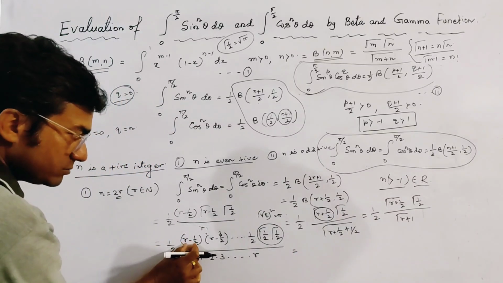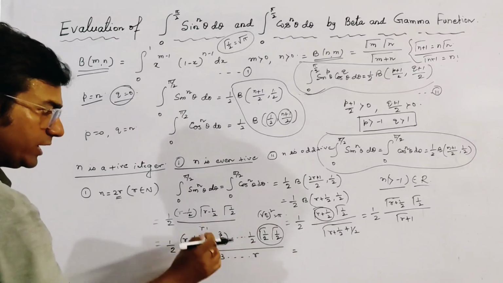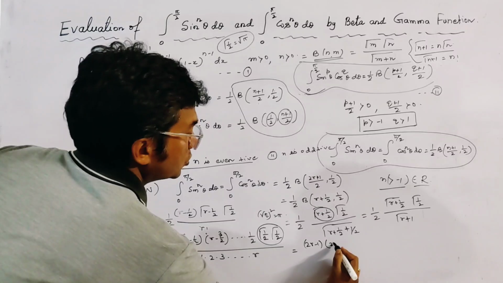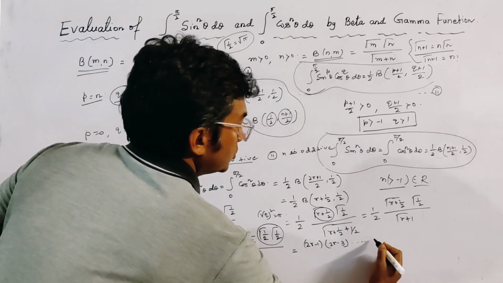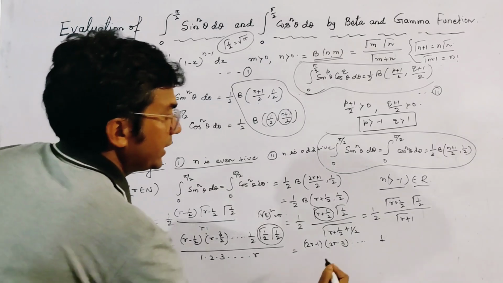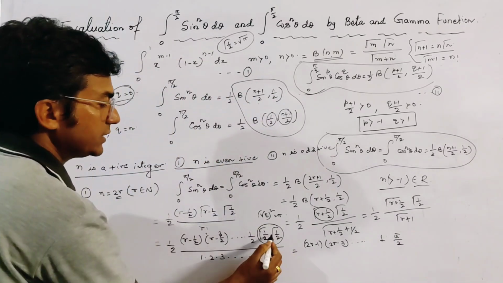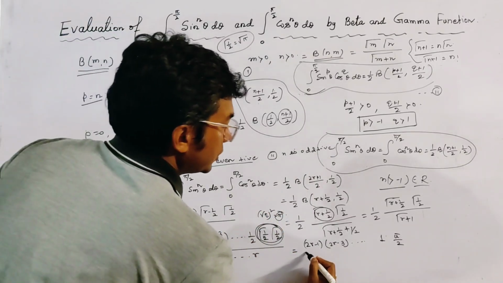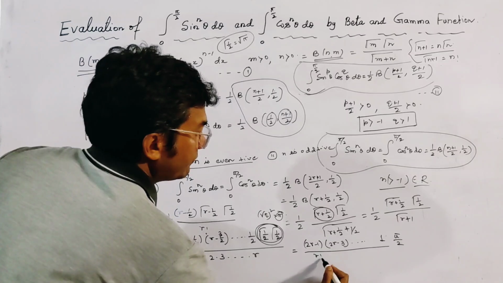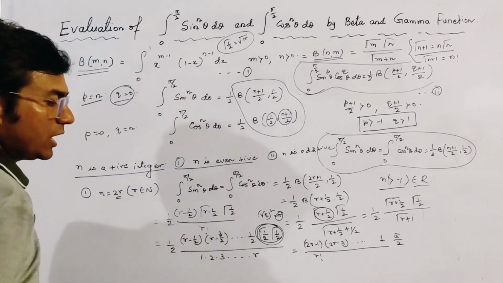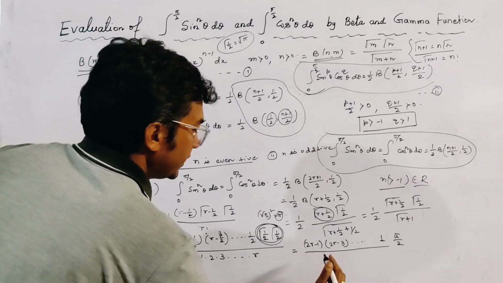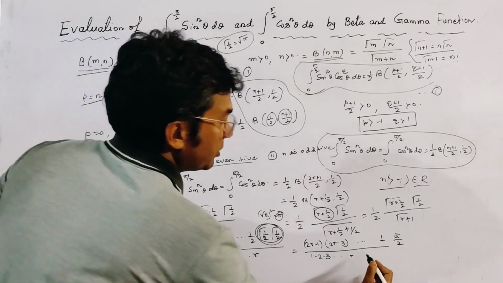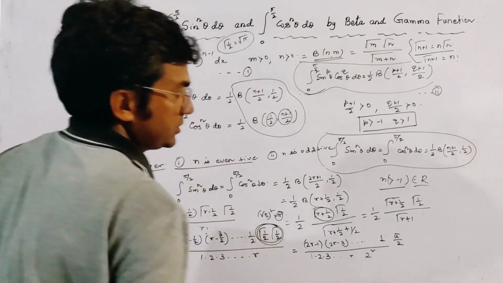if we calculate this result, we get (2r minus 1) into (2r minus 3) down to 1, and this is pi by 2. From these two results, this is pi, and we get half, and the lower term is r factorial, which is 1 into 2 into 3 up to r, and we also get another 2 to the power r.